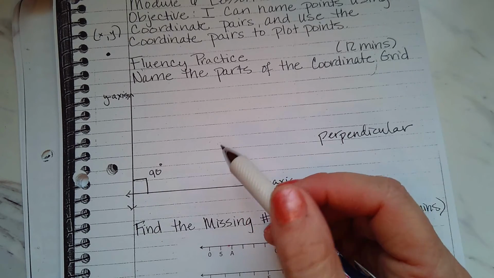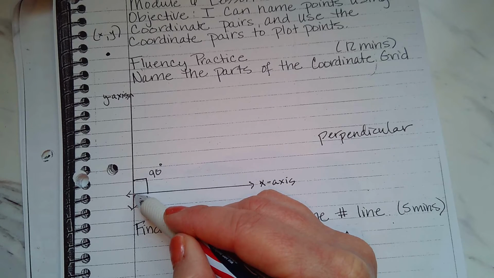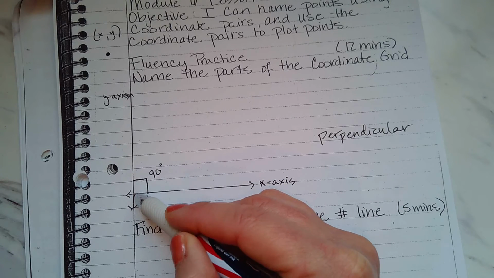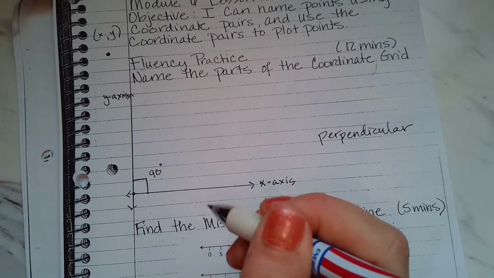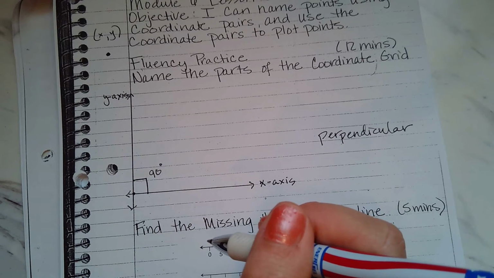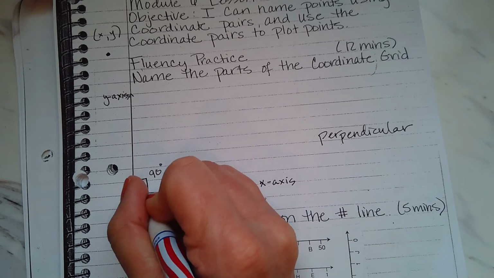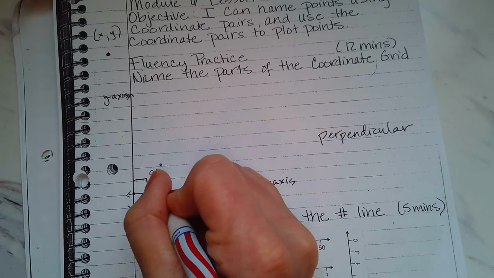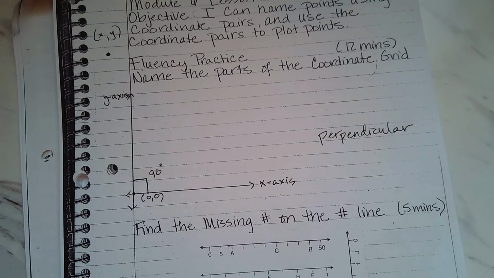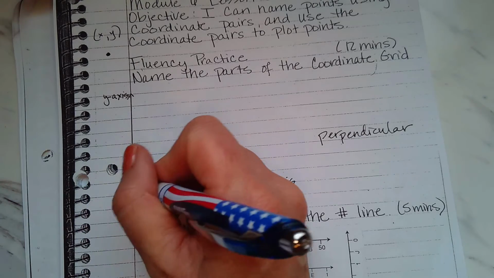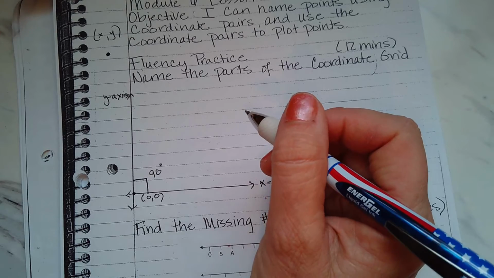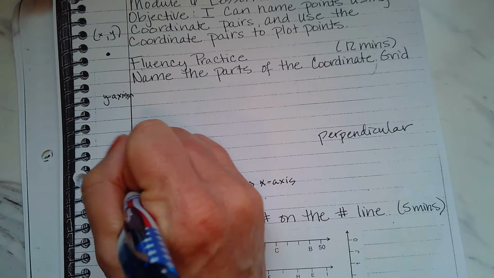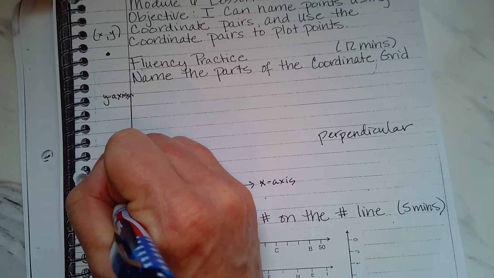Now, name the coordinate pair for this spot in this coordinate system. What is the coordinate pair for right here? It's 0, 0. And then what else can we call this point? What is the other name that we call that point right there? We call it the origin.